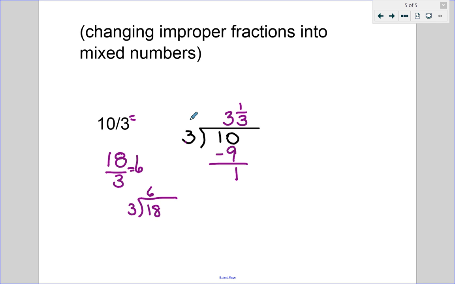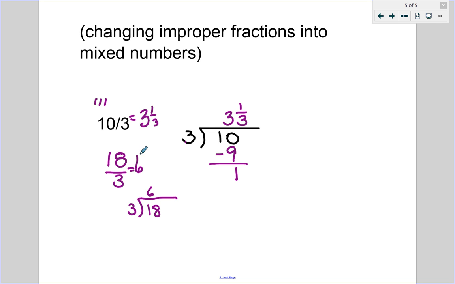You can do that division problem. Or you can say to yourself, okay, I have 3, 6, 9. That's as far as I can go before I'll be too many. So that's 3. And then if I subtract that 9 from there, I have 1 left over, and that third.